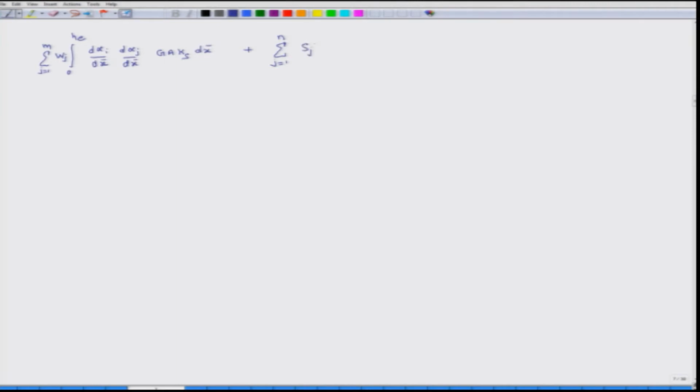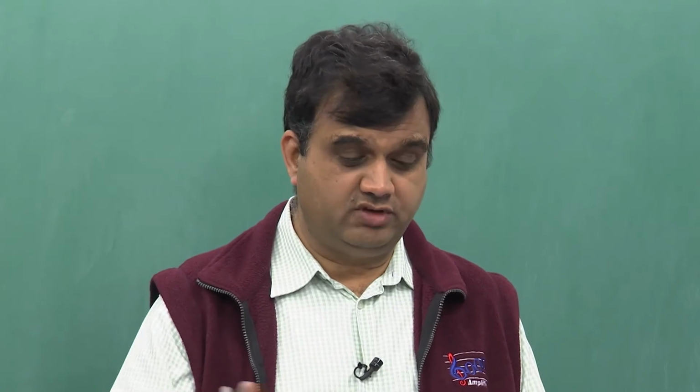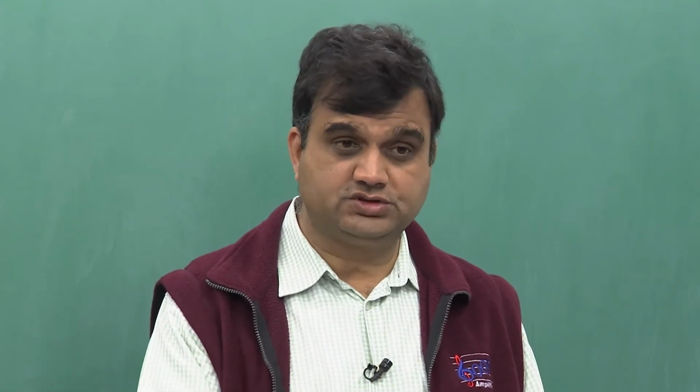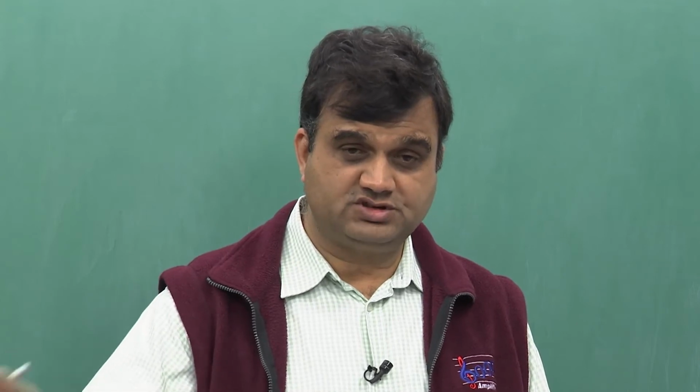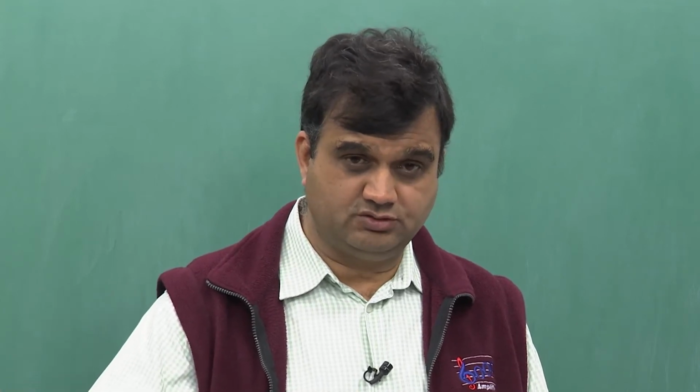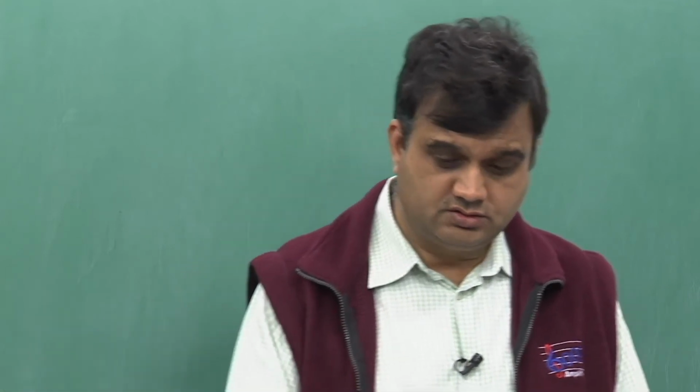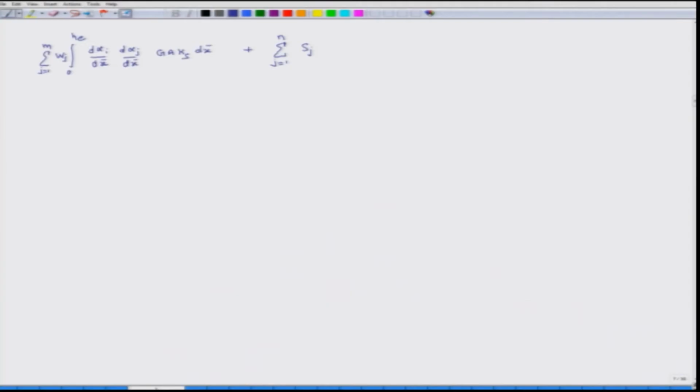So, wherever we had psi's, we are replacing them by s times betas, and wherever we had w's, we are replacing that by alpha times w's. That is why we are adding from 1 to m in the first case, and in the second case we are adding from 1 to n.